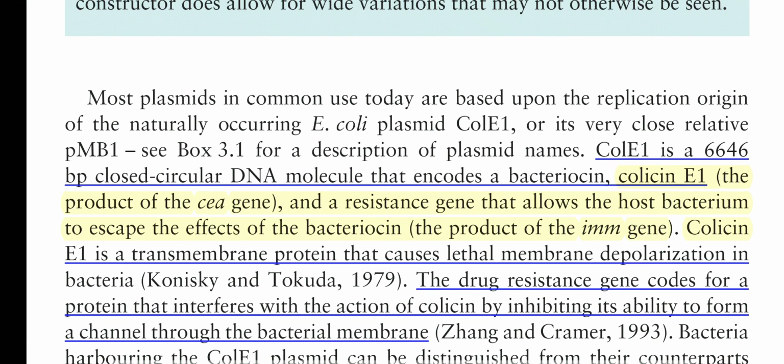So one more thing is that ColE1 is a 6646 base pair closed circular DNA molecule that encodes a bacteriocin, colicin E1, which is a product of the CEA gene. The resistance gene that allows the host bacterium to escape from the effects of the bacteriocin is the IMM gene.